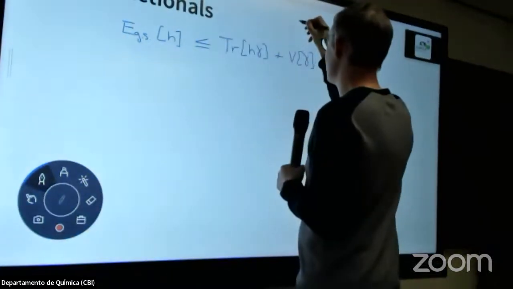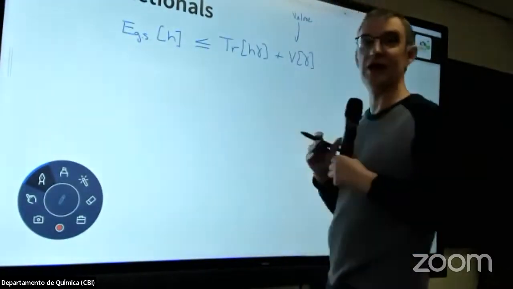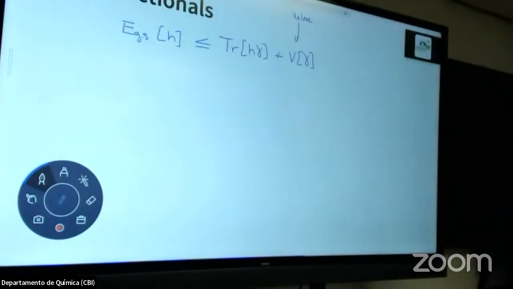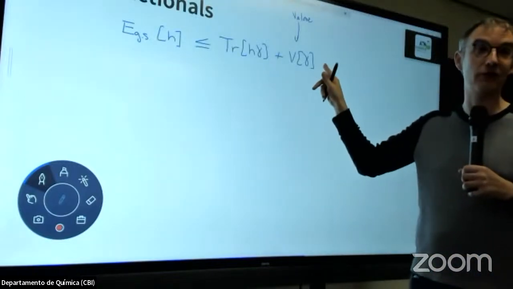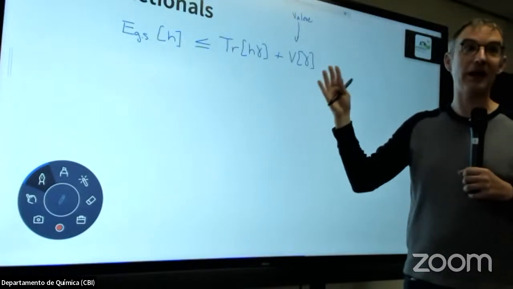Let's say this could be Valone. There are other ways of writing the exact functional. We're just going to pretend it's the Valone functional for right now. This is just the variational principle. It says if I put in the wrong density matrix, I'll get too high an energy. If I put in the right density matrix, I'll get back the exact energy.